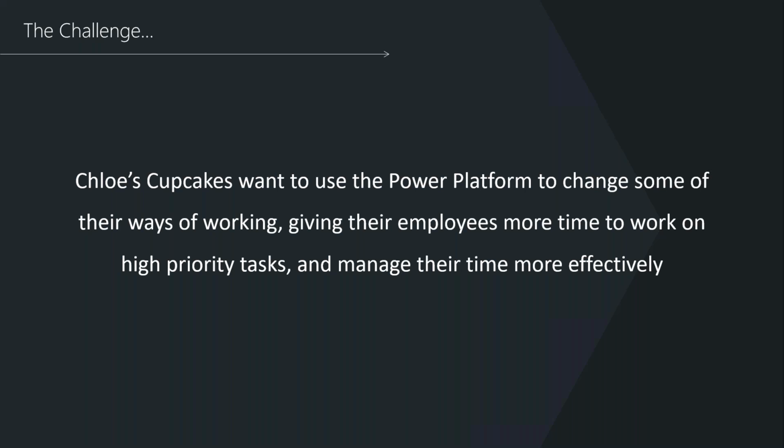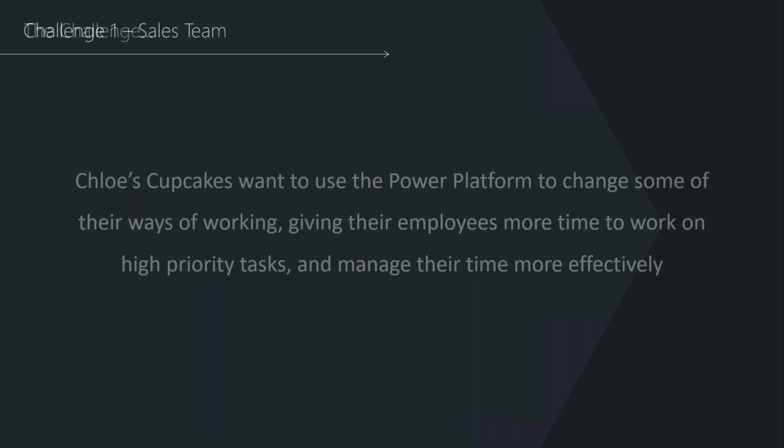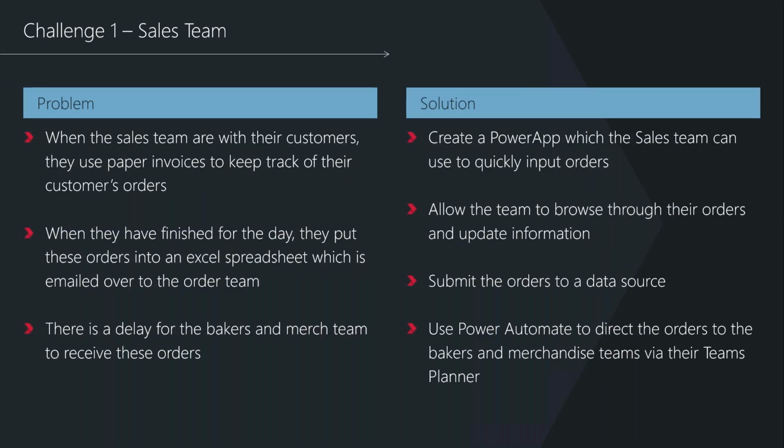So let's have a look at this challenge number 1 in more detail. We're going to take a look at it from the sales team's perspective. The problem is that when the sales team are with their customers, they're using paper invoices and writing things down. So they're writing down the cupcake orders, or they might be printing documents out, or doing it in Excel.